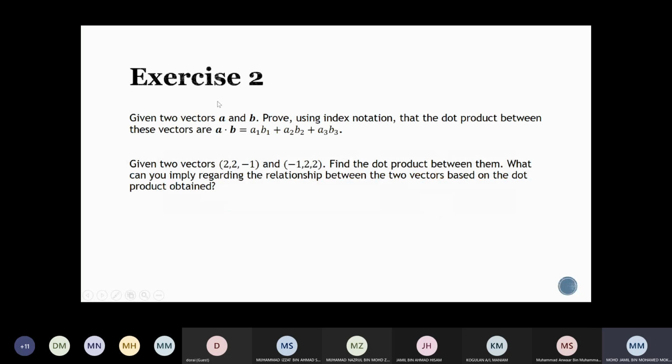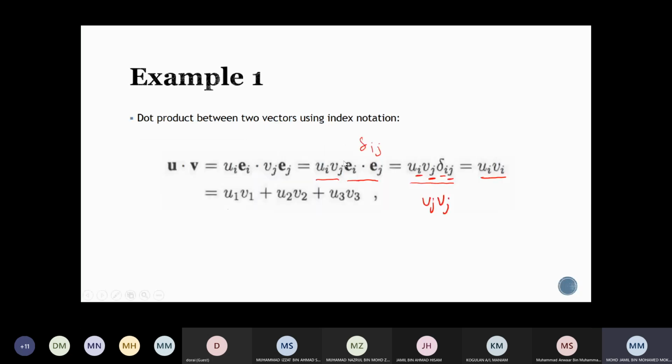So if you use index notation, let's look at exercise number 2. Given two vectors A and B, using index notation, prove that the dot product A dot B equals A1 B1 plus A2 B2 plus A3 B3. This is actually the same thing as the previous slide.